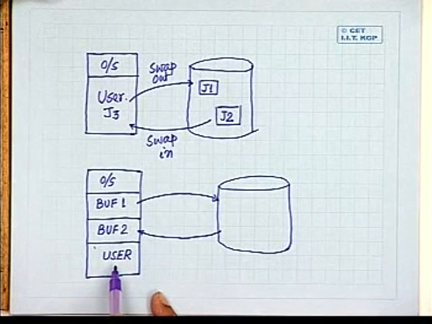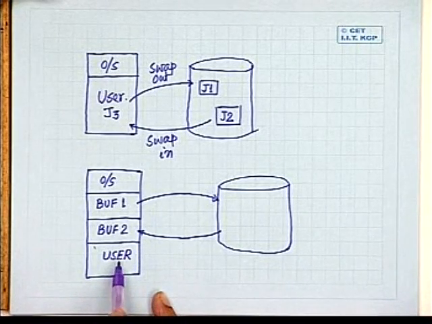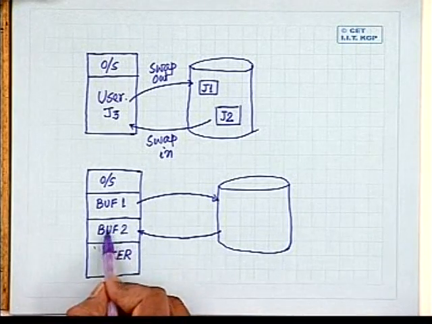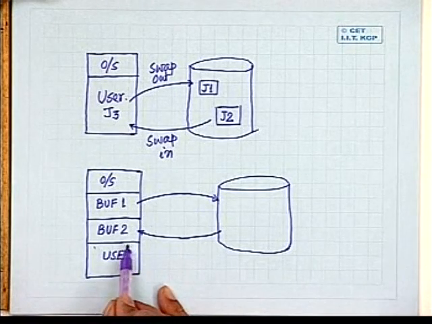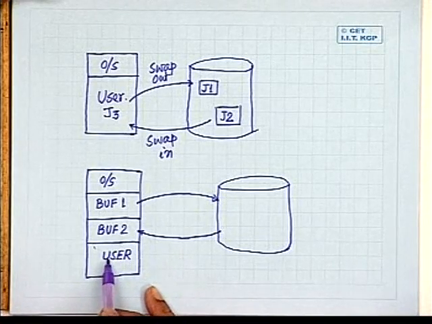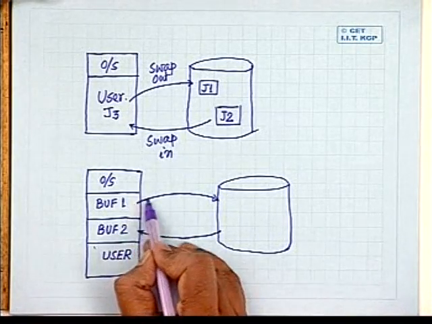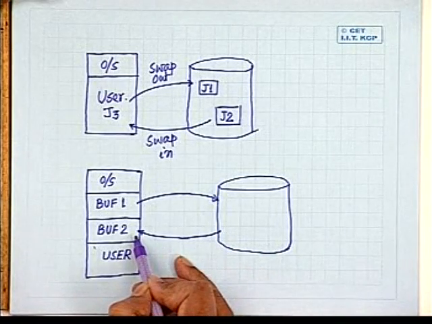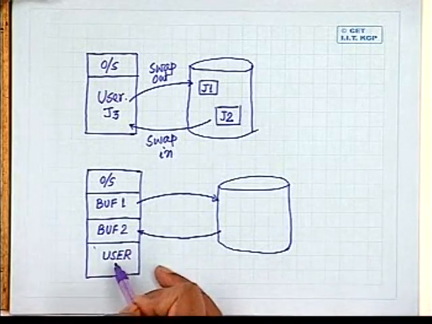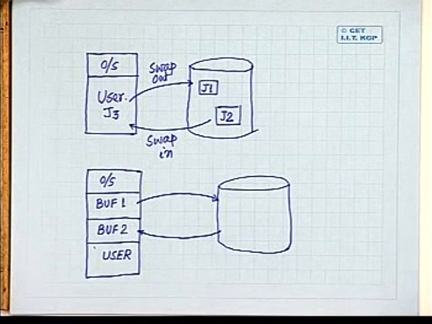In user area, I have a new job which is to be executed, and buffer area 2 is free. Okay. So next time, while executing the job in the user area, I can swap out the job from buffer area 1 and swap in a new job into buffer area 2. All these processes can run concurrently.